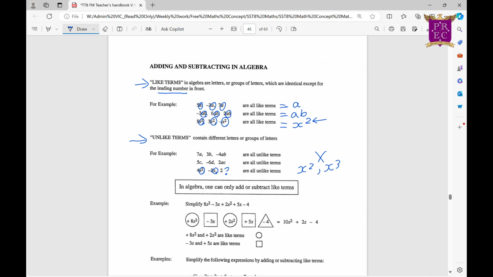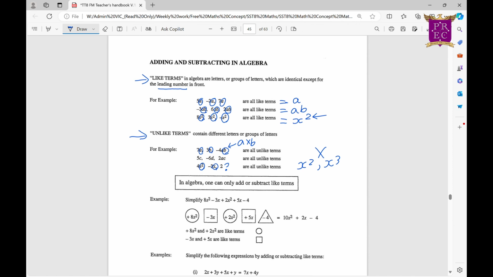You can also see here that a, b, and ab are distinguished from one another, because ab is essentially the simplified form of writing a times b. And we know that the pronumerals are numbers, so obviously it's not going to be the same as a or b, regardless of whether the coefficient is the same or different.